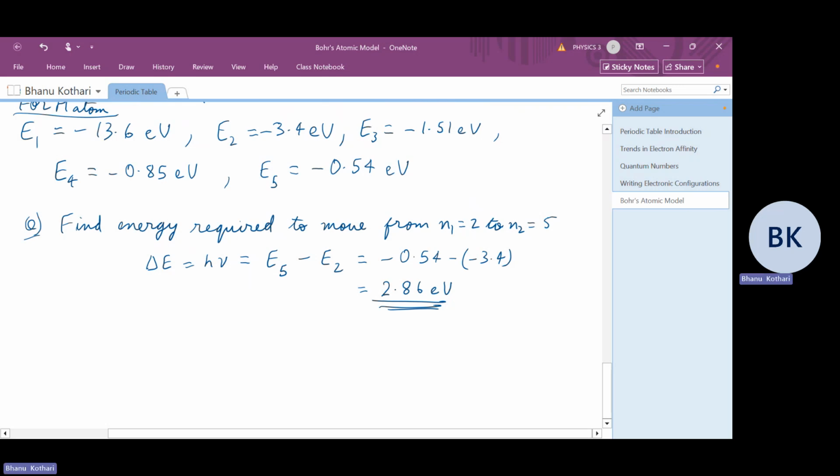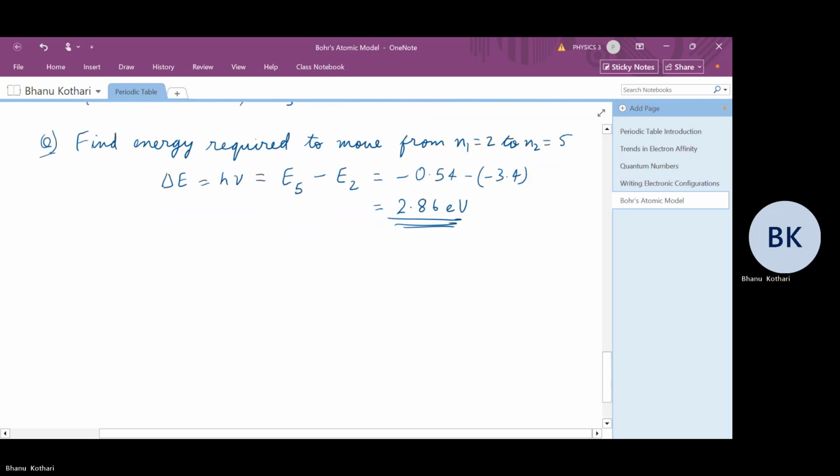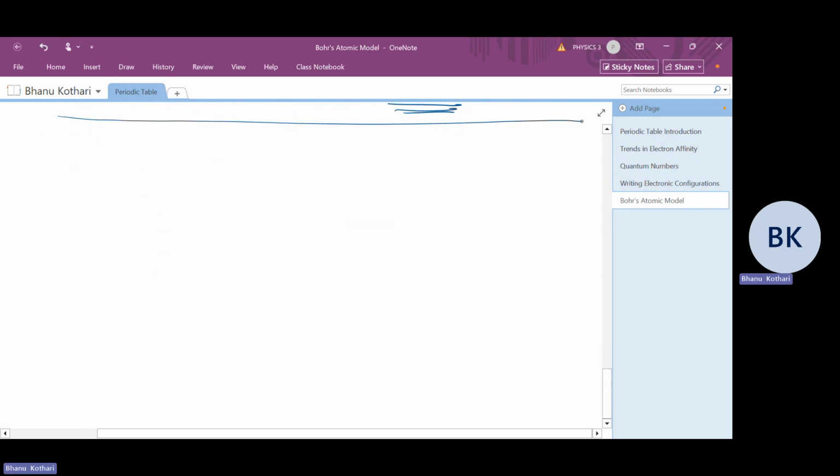All right. The next thing that we need to understand is the kinetic energy and potential energy of the electron. We just need to remember this formula: the kinetic energy of the electron will be the negative of the total energy.